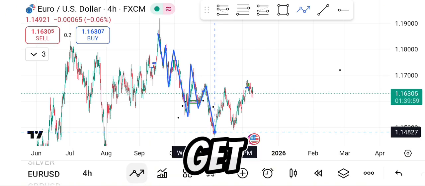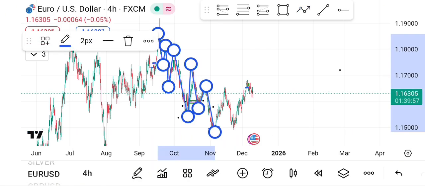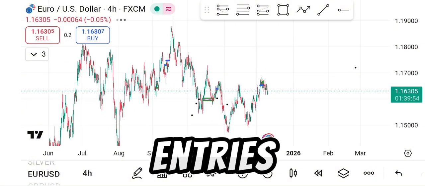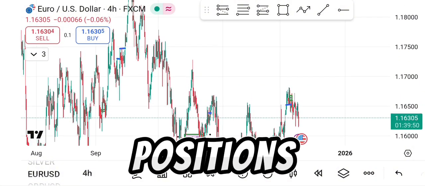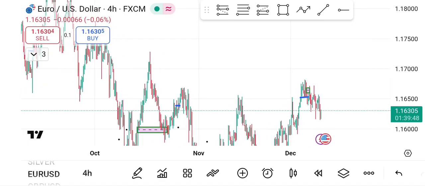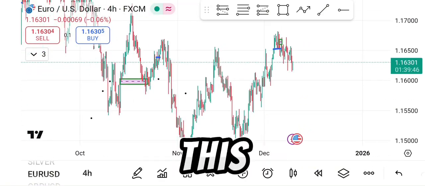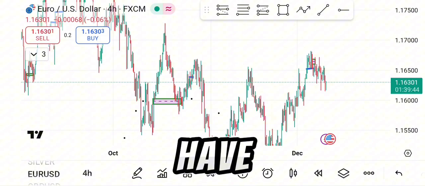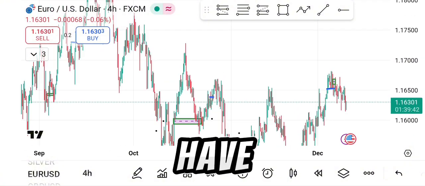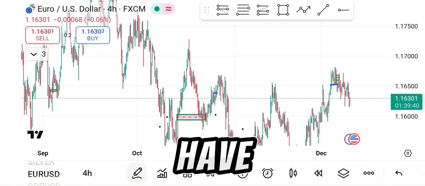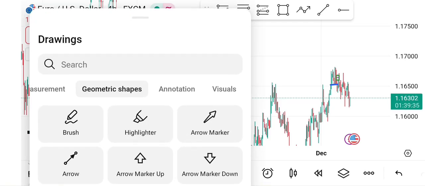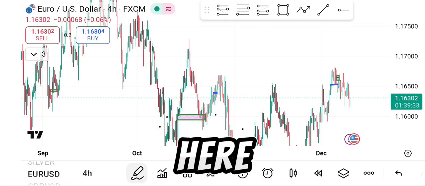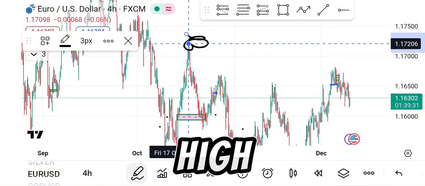So now that's where we get to our entries. What do we do on the entries? We look for entry positions. As I'm looking at this now, I can see that we have a higher low, and we have a lower high here.